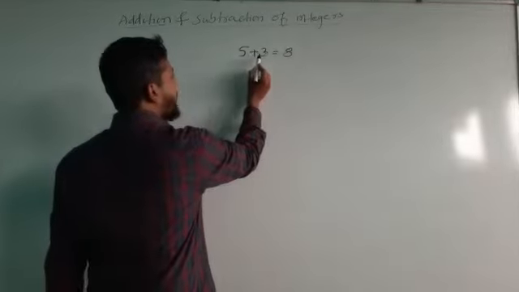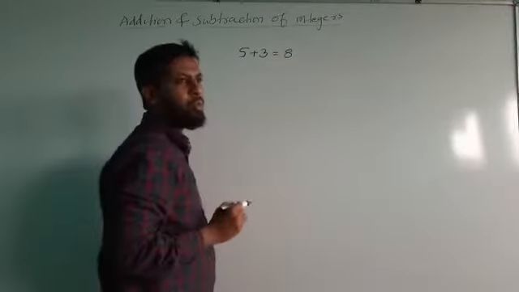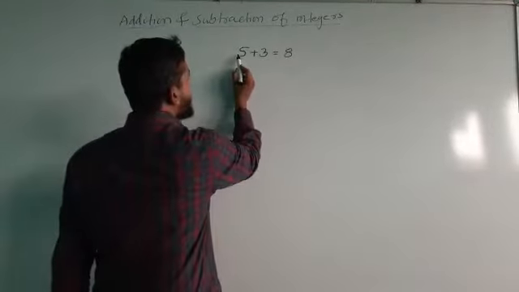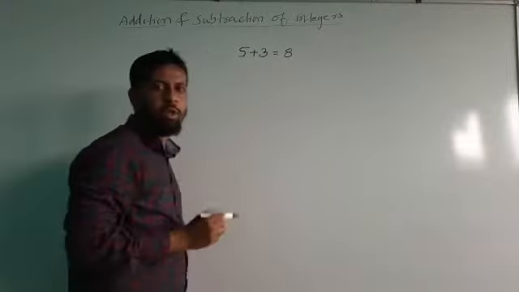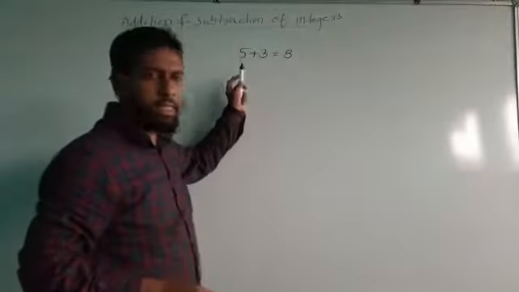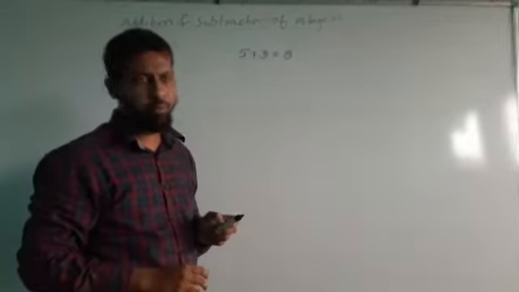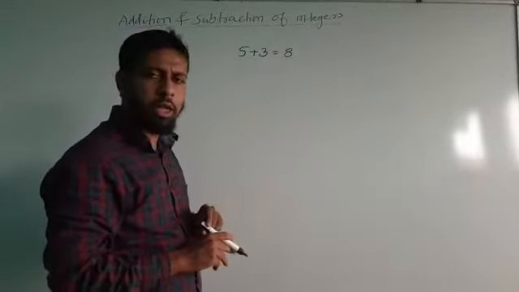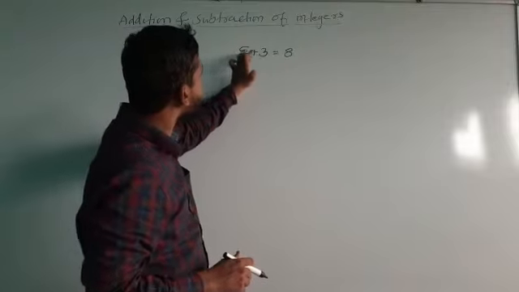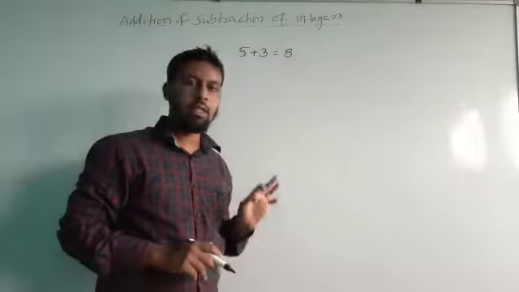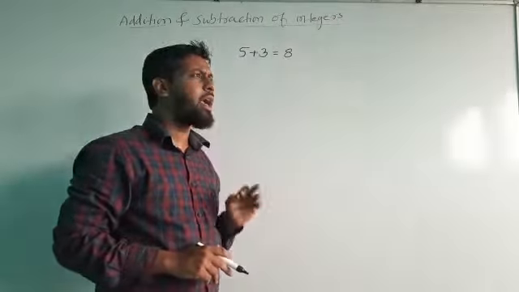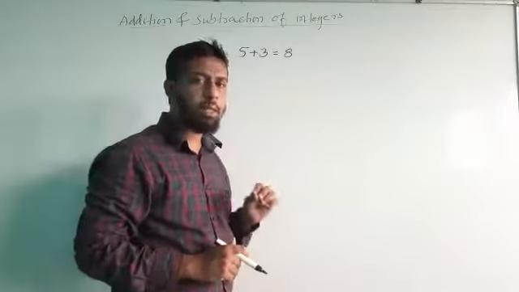When you add two positive integers, the result will be positive only. Keep in mind. And one more thing, keep in mind, same sign we add, and different sign we subtract.